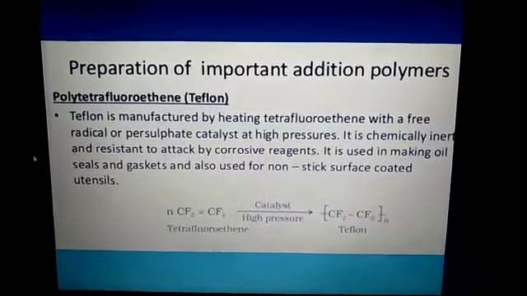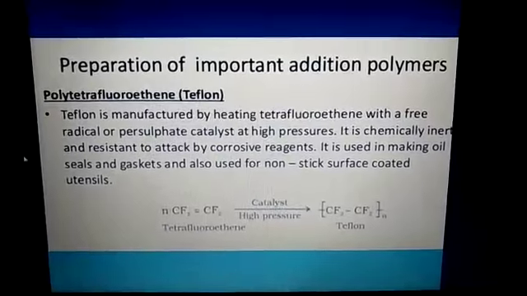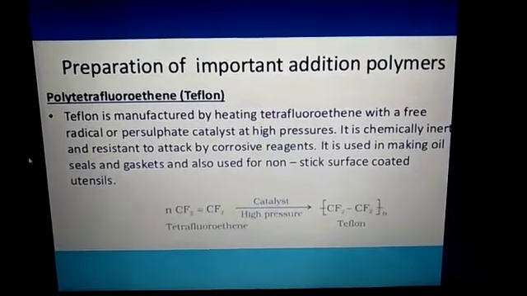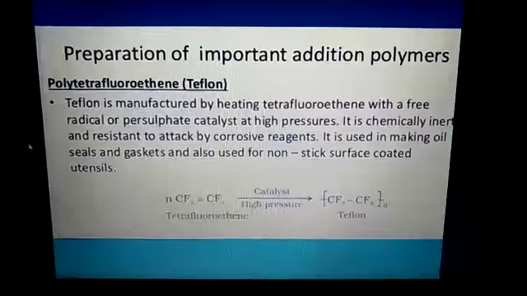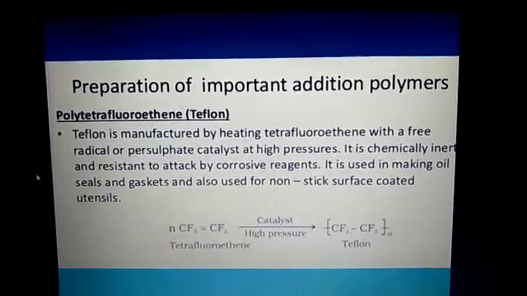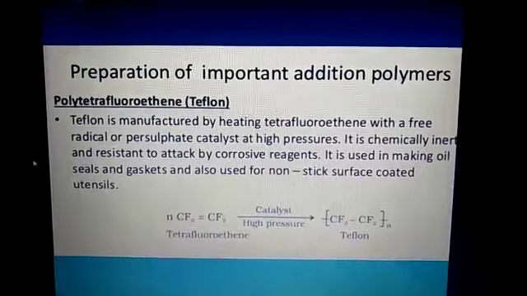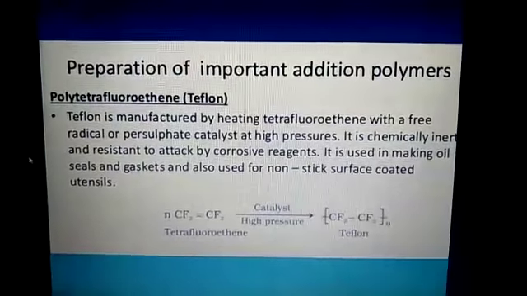In case of Ziegler-Natta catalyst, we are taking triethyl aluminum and titanium trichloride as a catalyst. This type of polythene is a translucent polymer. It is chemically inert, having great toughness, hardness, tensile strength, etc.